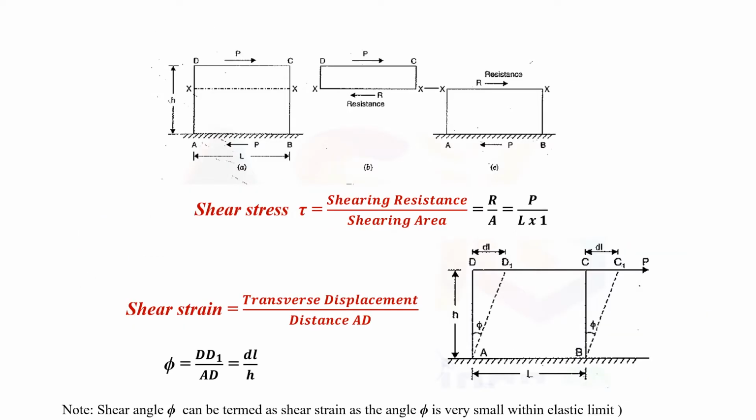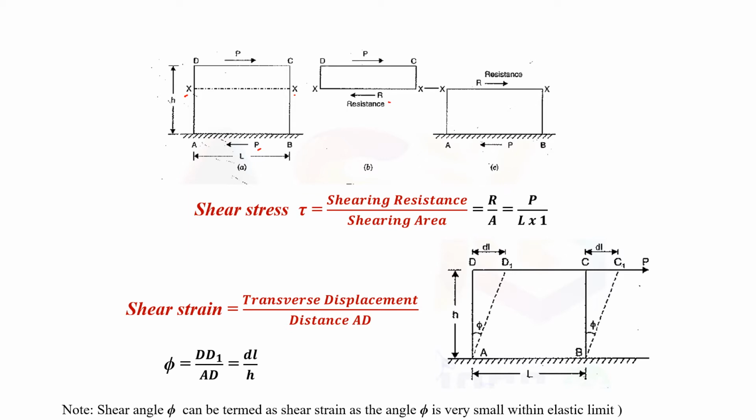Here you can see the expression for shear stress and shear strain. I have already explained this in the first module while discussing various types of stresses. Here I have considered an element of length L and height h, and it is subject to shearing force P. The shearing section is marked here as XX, and the shearing resistance is R, and the shear stress is given by shear force divided by the shearing area, and the shearing area is L into 1.